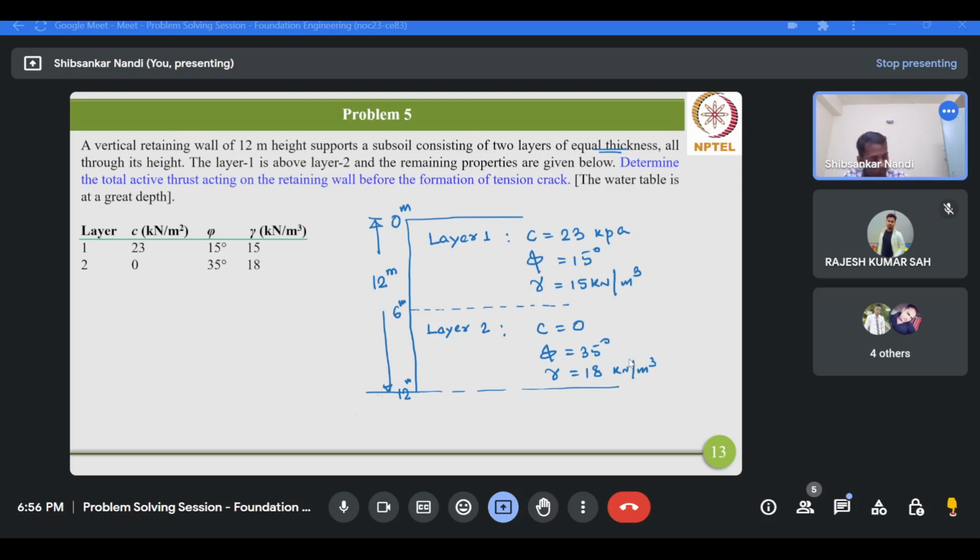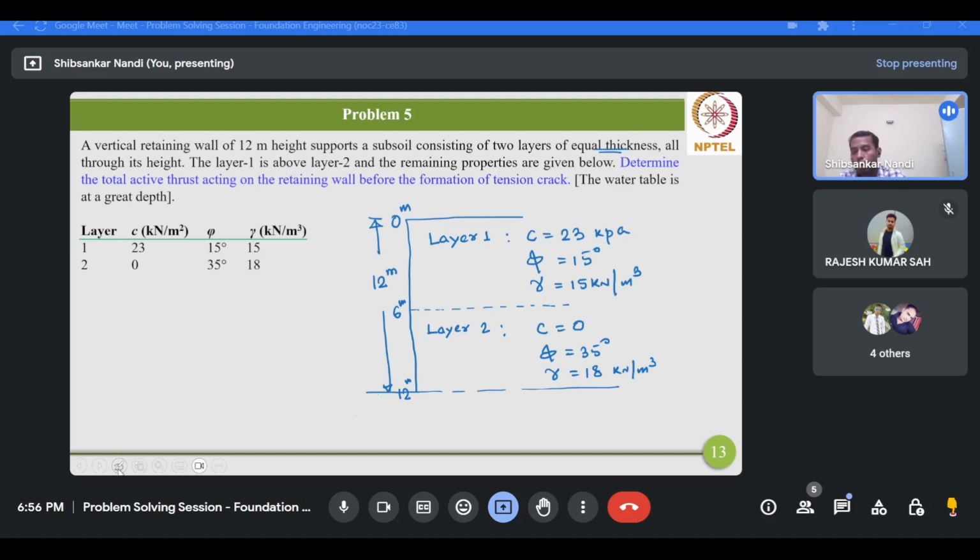Okay. Now what do we have to determine? We have to determine the total active thrust acting on the retaining wall before the formation of tension crack. So as I mentioned at the beginning of this session, considering the formation of tension crack before and after, we will have two different active earth pressure distributions behind the wall, and that we'll see through this numerical problem.